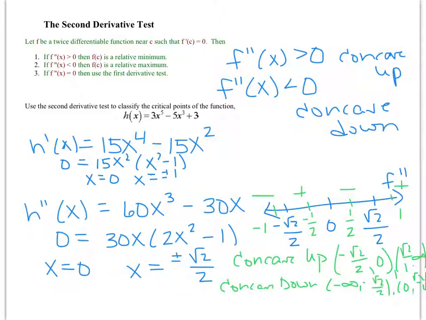But at positive 1, my second derivative is positive. This tells me that at x equals 1, I have a relative minimum. And then I did my work. I checked negative 1 in my second derivative. So that tells me when x equals negative 1, because my second derivative is negative, this is a relative maximum.